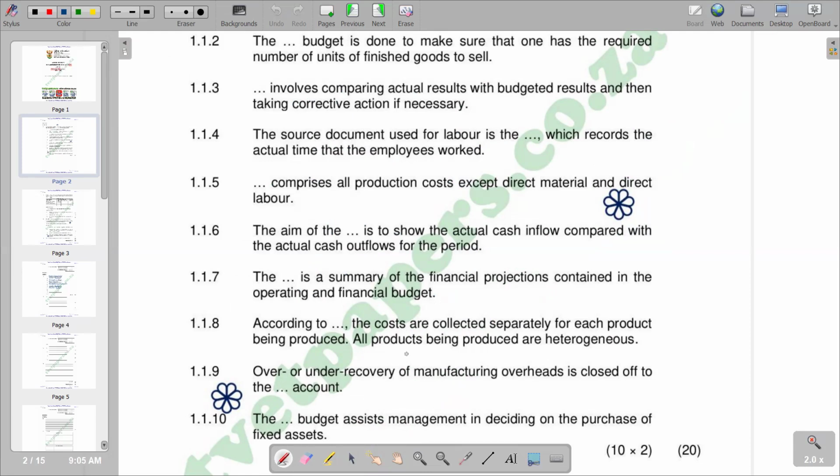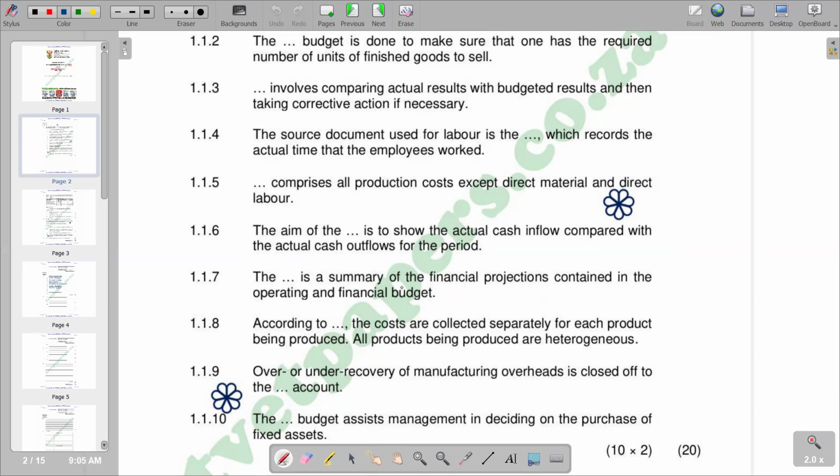So you see that the correct response that we have is product-oriented cost system. The product-oriented cost system identifies and accumulates all costs associated with producing a specific product using a cost accounting system.